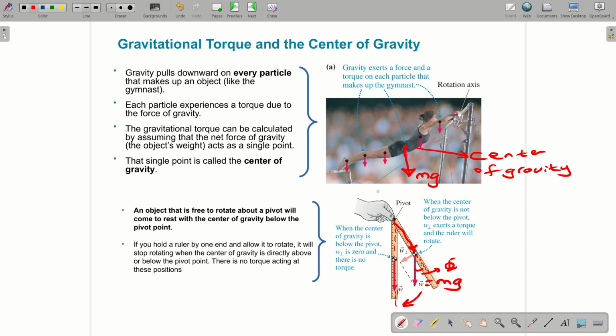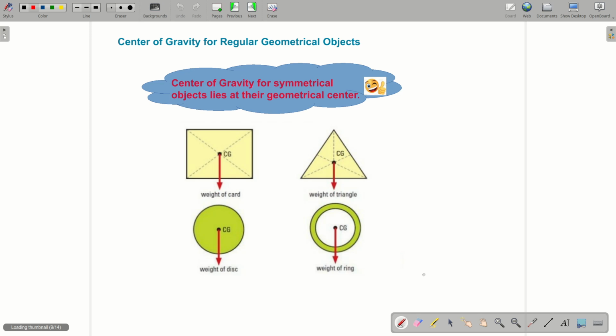Remember, similar ideas for torque. This gravitational torque causes it to rotate until the center of gravity is along the line it is hanging. Using that idea, we can find the center of gravity of other objects.